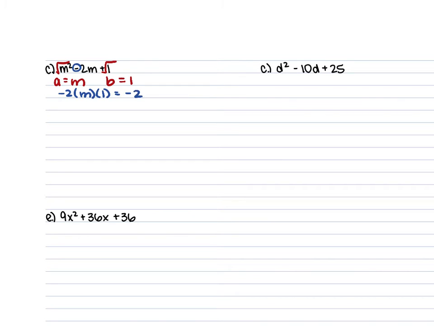I get negative 2m. That's my middle term. So I have the perfect square trinomial here. So I'm going to use a, my middle term was negative, minus b squared. I plug in my values. A is m, b is 1, so that's m minus 1 to the second power.